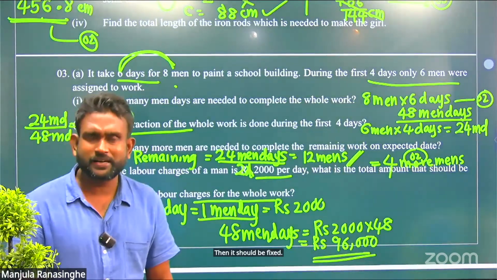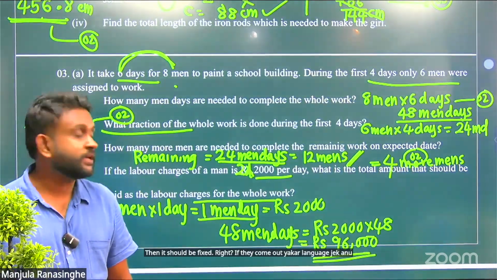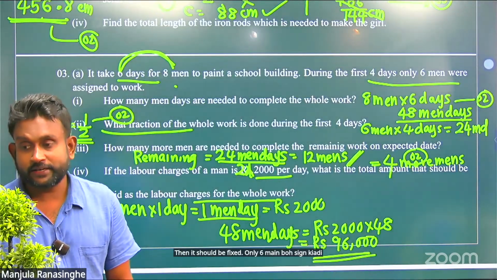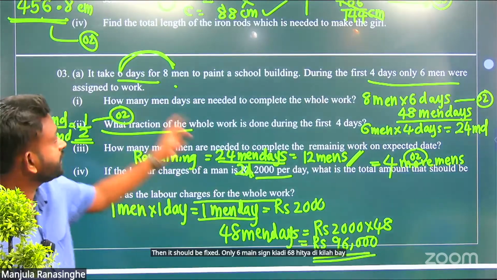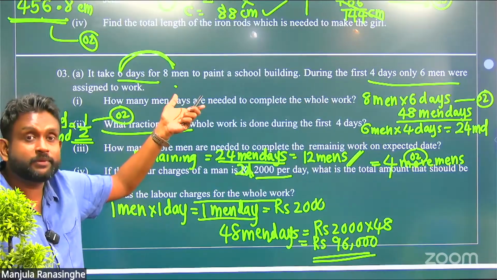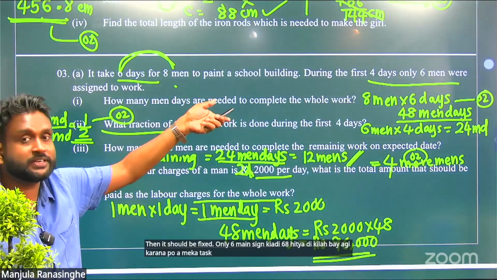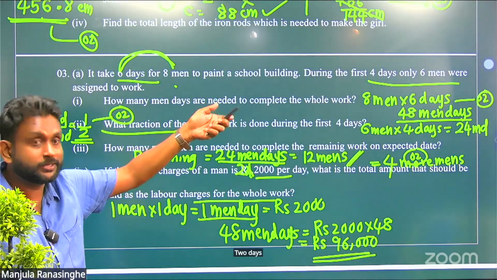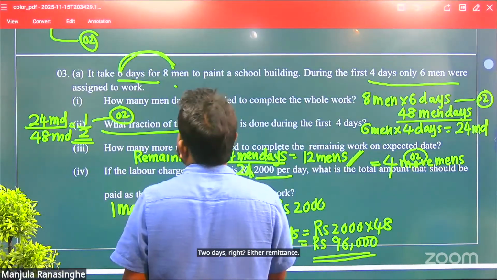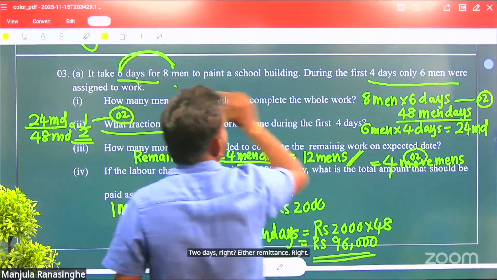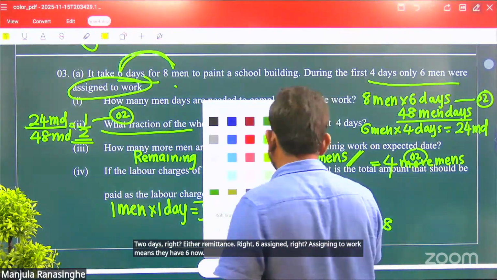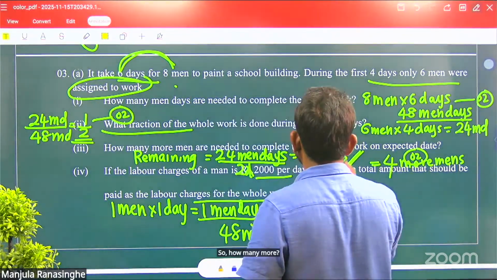Both ways, we have to think a little according to the language. There is a small case when it says only 6 men were assigned, whether 8 were there. But one can argue that this is given as a unit to measure the task. To get 48, it can be given like this too: if 24 men work, it takes 2 days. Here 6 are assigned. So it is more suitable, I think. Assigning to work means they have 6 now. So how many more? The total we got is 6.